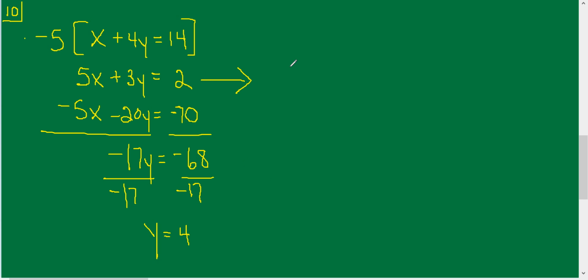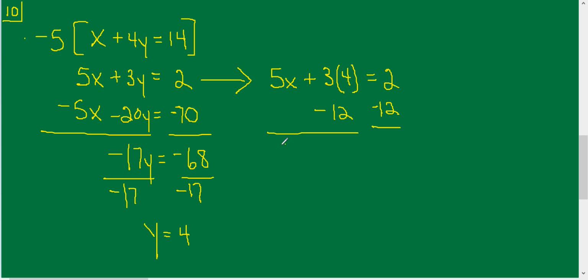Y is 4, so that's going to be 5x plus 3 times 4 equals 2. 3 times 4 is 12, so I'm going to subtract 12 from both sides, and I'm left with 5x equals -10.